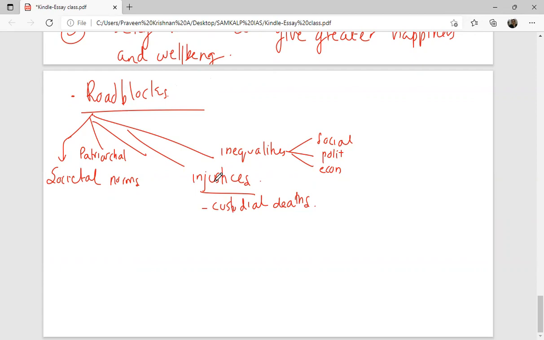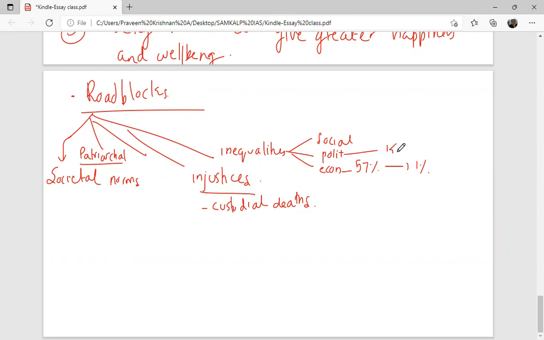So there you give a lot of examples. In patriarchal mindset: controlling the sexuality of women, controlling the movement of women, not allowing them to work, and on all these you can write. In injustices, you can write other things: custodial rapes. In inequalities, you can write about economic inequality: 57% of the wealth of the country is in the hands of 1% of individuals.